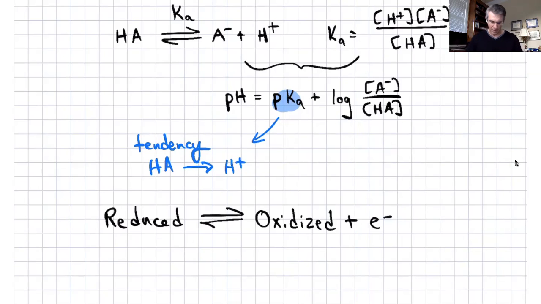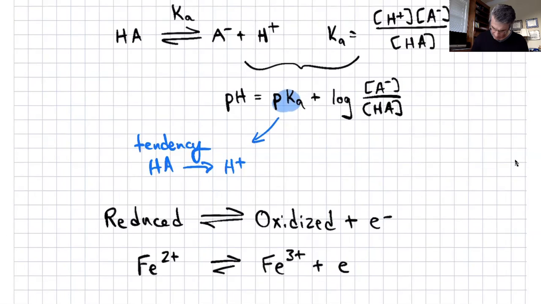And to get a little more specific, as an example, something like iron 2, which is more reduced, going to iron 3 plus an electron. So that's the kind of system we're going to be thinking about here.